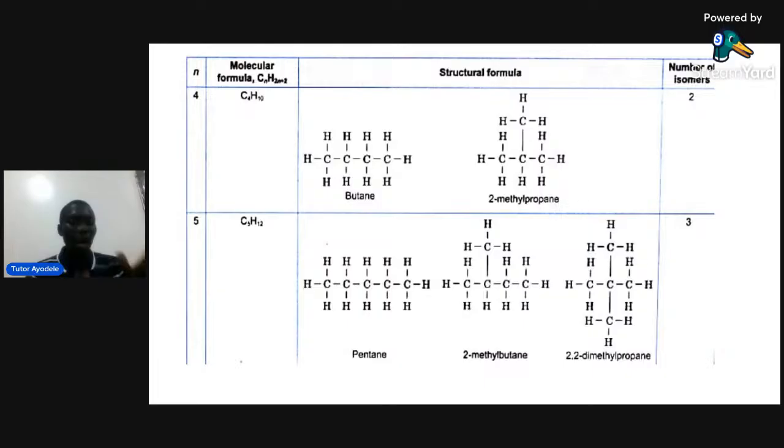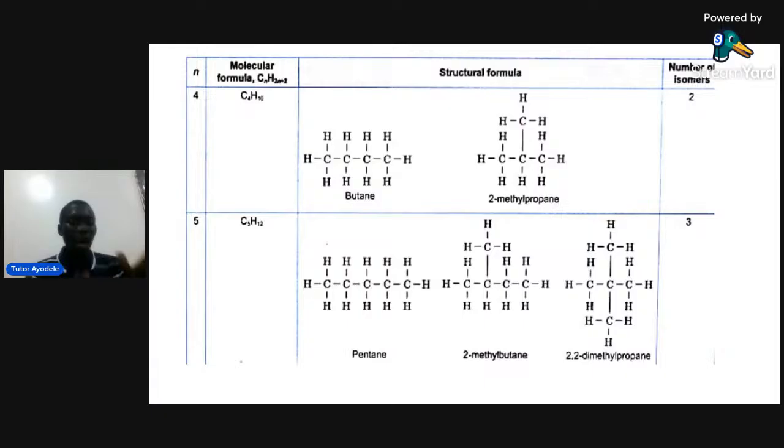Now, you can see here that we have all the carbons in straight chain. Why? You can see that this one is what? One of the carbons is branched to the other side here.